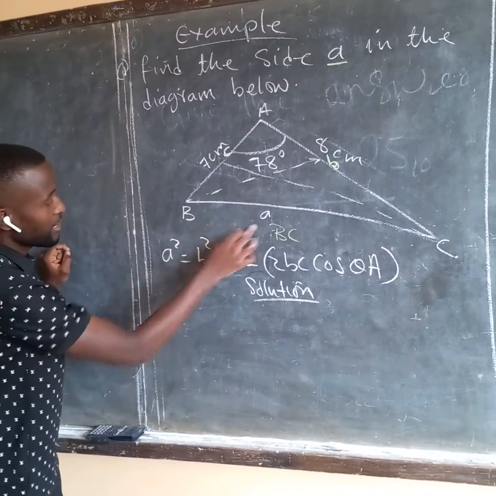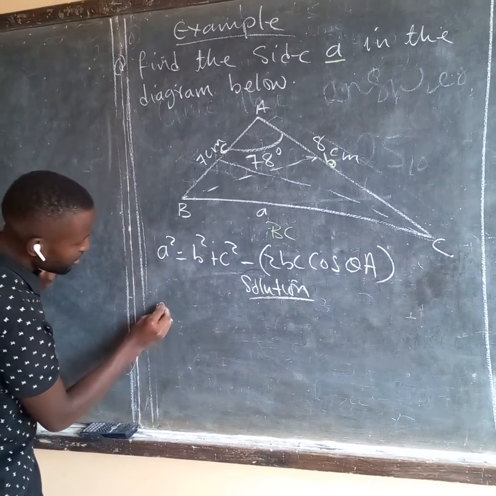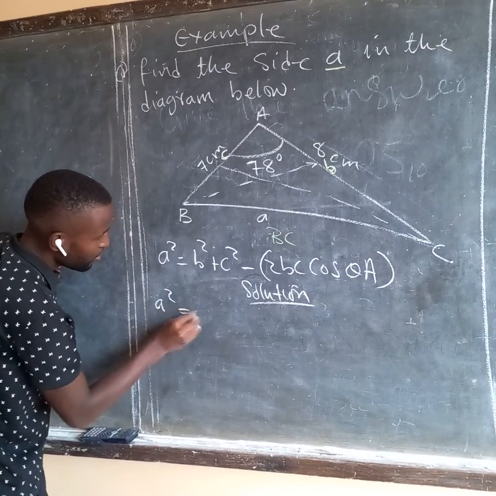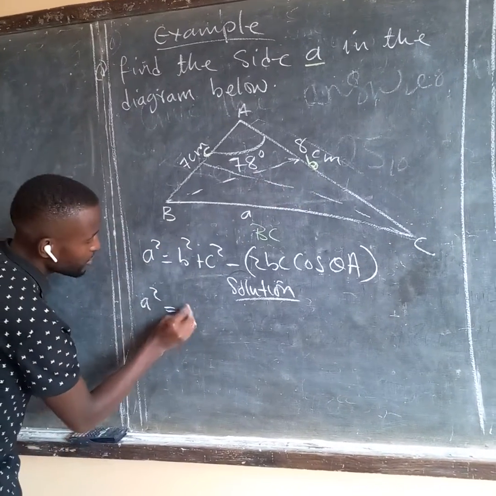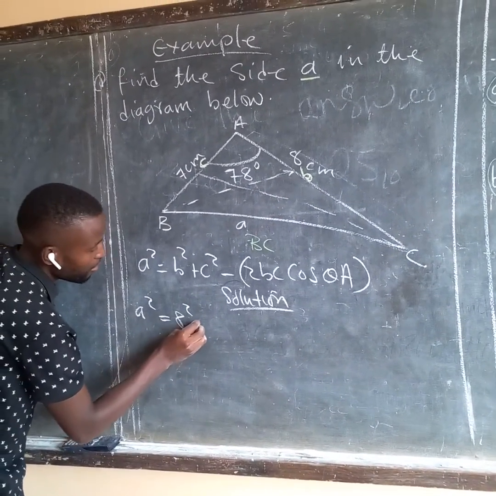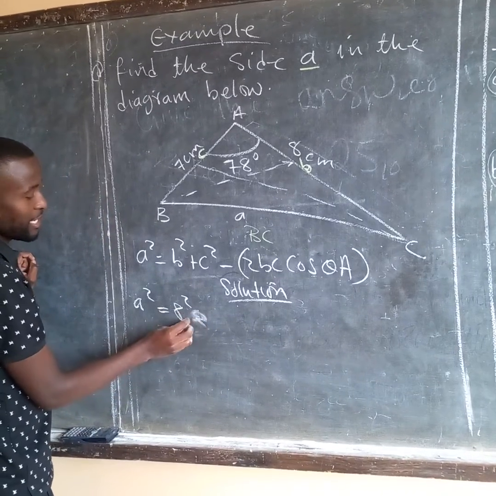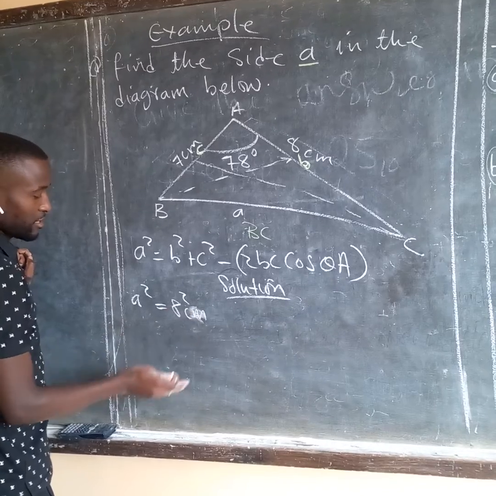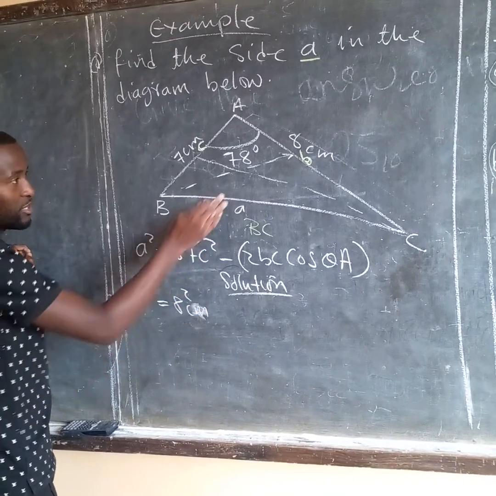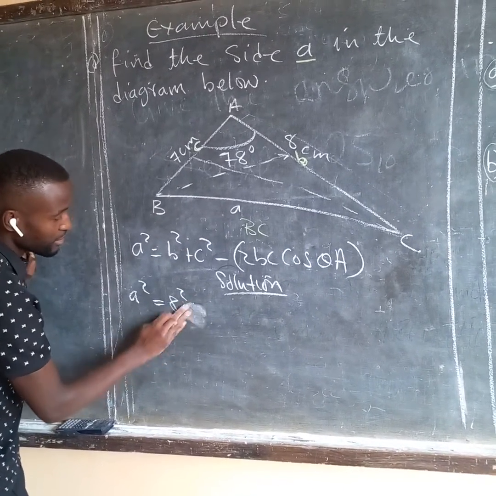So we're simply saying, what is my A? I don't know. A squared is equal to, what is my B squared? My B is 8. So I'm going to say 8 squared plus, if you want, you can write 8 centimeter squared, but in this case you already know that the unit is centimeter, so let's not waste much time.